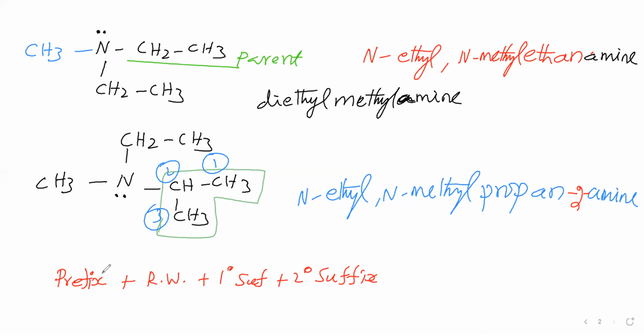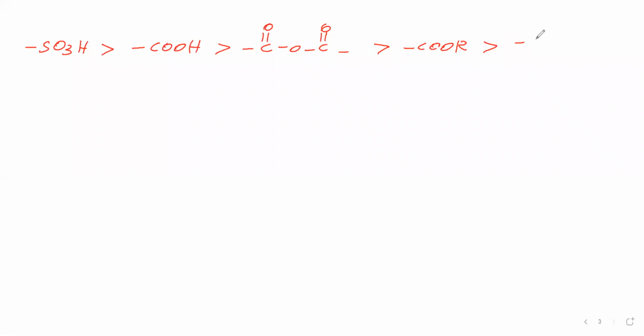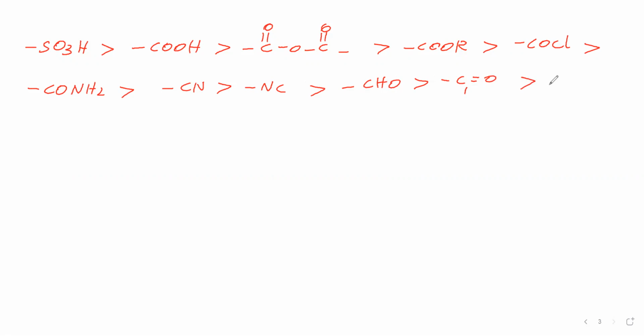So now we will see that priority order. Sulfonic acid greater than carboxylic acid, greater than acid anhydride, greater than ester, greater than acid halide, greater than acid amide, greater than cyanide, greater than isocyanide, aldehyde, greater than ketone, greater than alcohol, greater than amine, greater than CC double bond, greater than CC triple bond, greater than halogen.